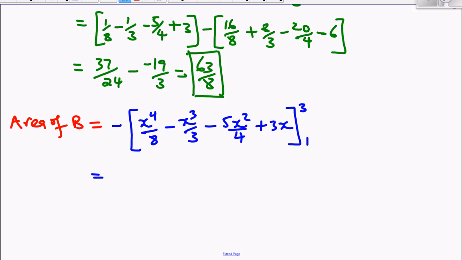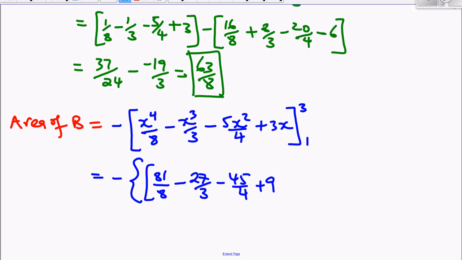All right, so what we'll end up with is negative. Plugging in 3, I'll have 81 over 8 minus 27 over 3 minus 45 over 4 plus 9, minus an eighth minus a third minus 5 over 4 plus 3.